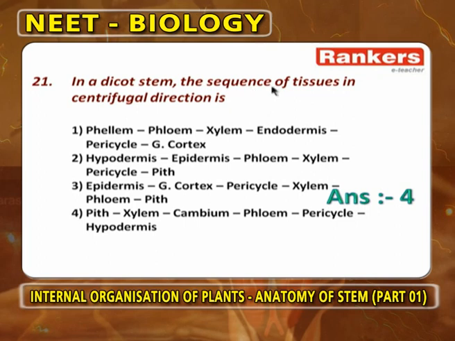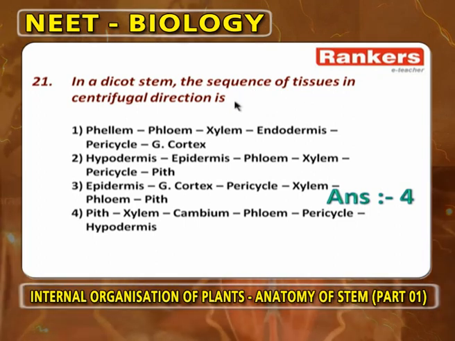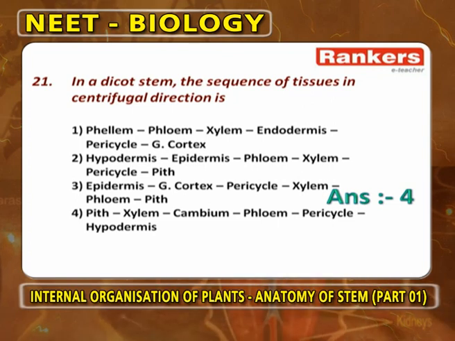In a dicot stem, what is the sequence of tissues in centrifugal direction? Centrifugal direction means from center to periphery.